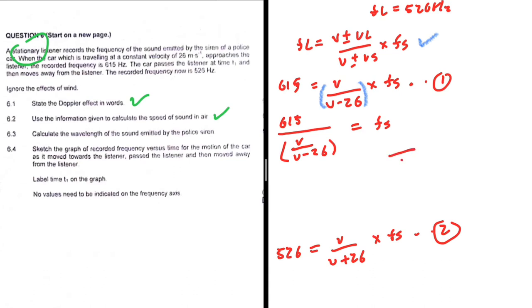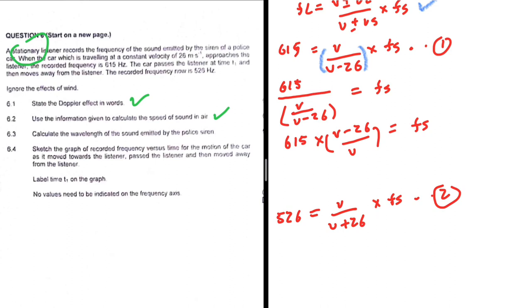Dividing by A over B is the same as multiplying by B over A. So we can apply that idea to get over that hurdle. So let's go ahead and do that. 615 multiplied by V minus 26 divided by V. We can write it like this instead. And this is Fs.